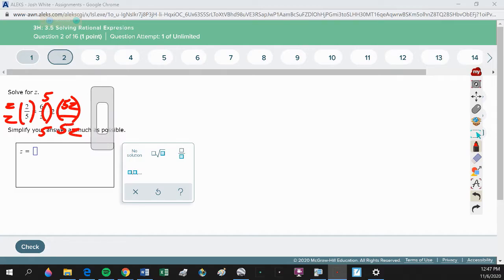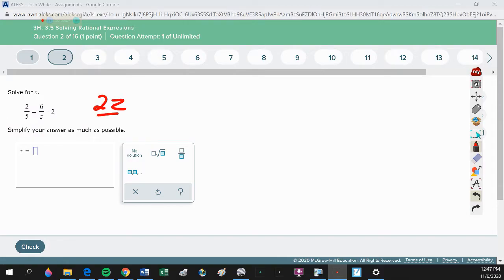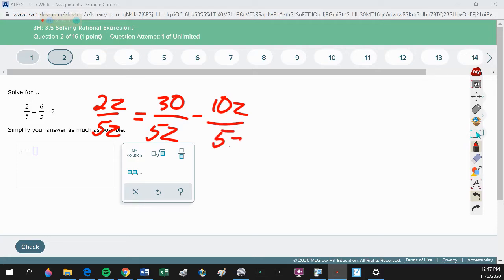Okay, now I can't see any of it, but on the left side, 2Z over 5Z equals 30 over 5Z minus 10Z over 5Z.